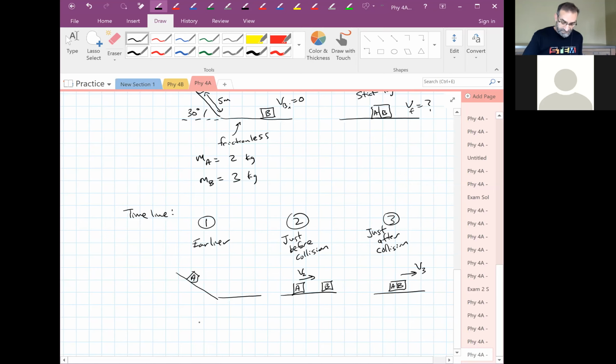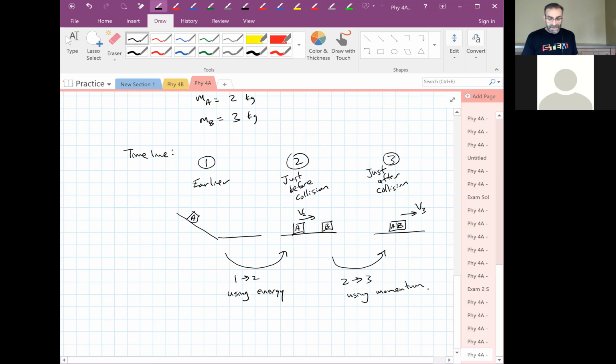Then I can get through that collision. I can go from 2 to 3 using momentum, because I know I can always get through a collision with momentum.